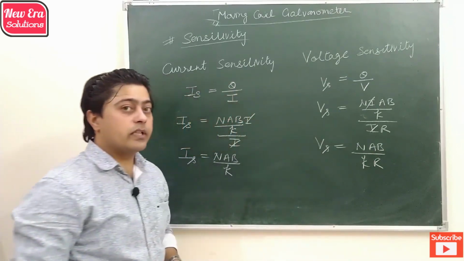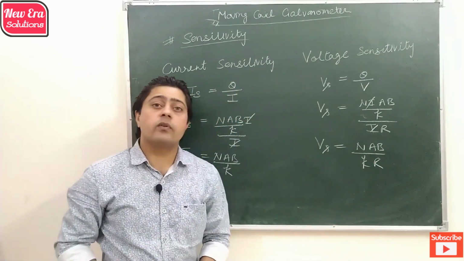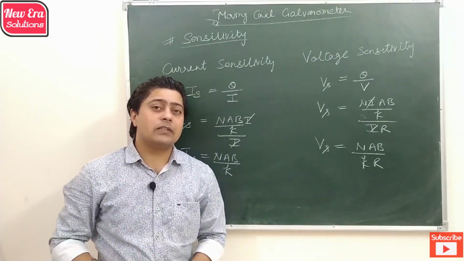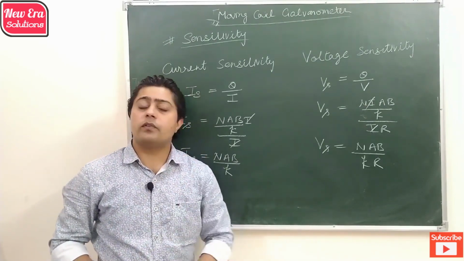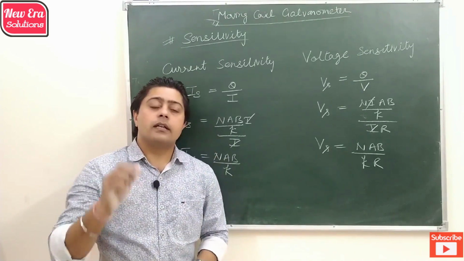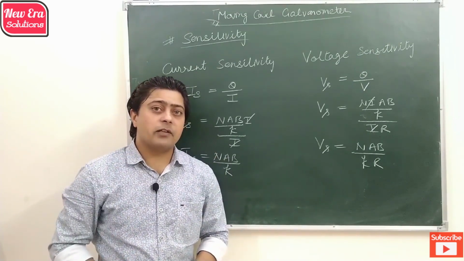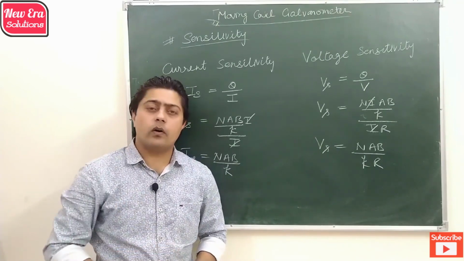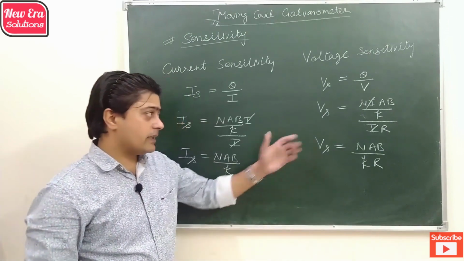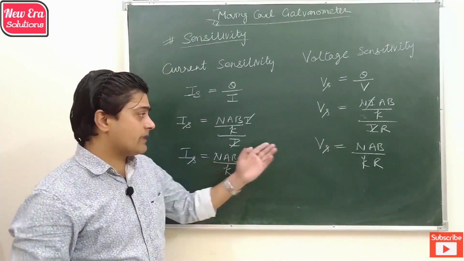So if we want to increase the sensitivity of a moving coil galvanometer, then it depends on various factors like the number of turns in the loop, the area of the coil, the applied external magnetic field, and the type of spring used in the galvanometer. By increasing the number of turns, we can increase the sensitivity.